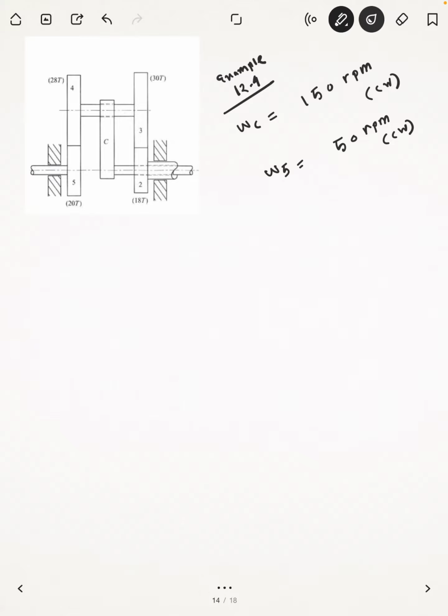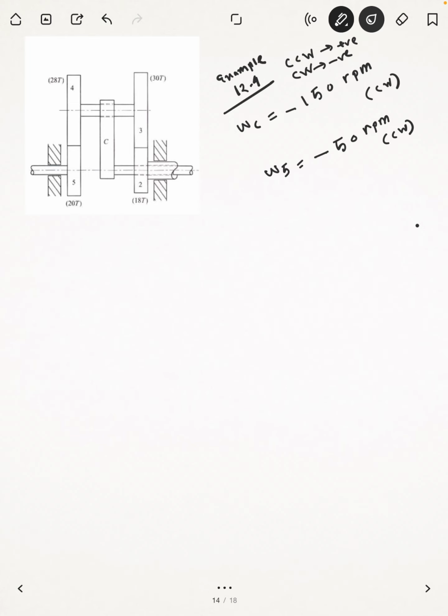If you take counterclockwise as positive and clockwise as negative, then this omega c is clockwise, so it should be negative, and this omega 5 is also clockwise, so it should also be negative. Clear? Okay, so now how would you proceed with this kind of problem?